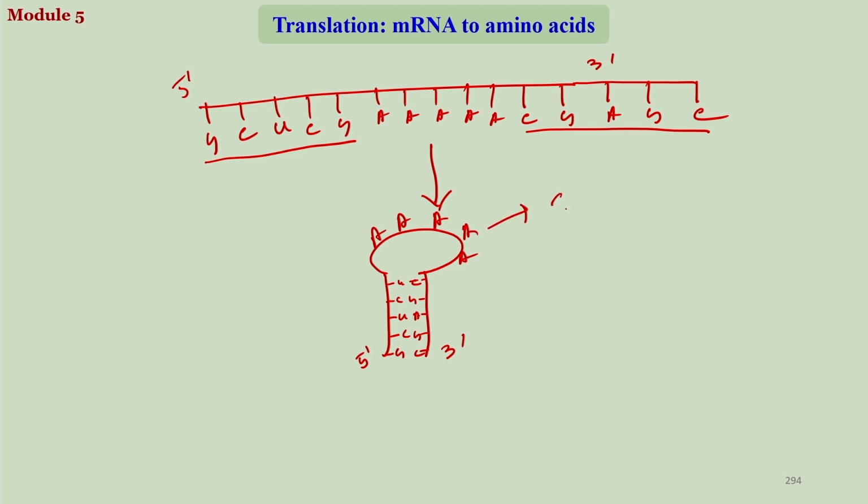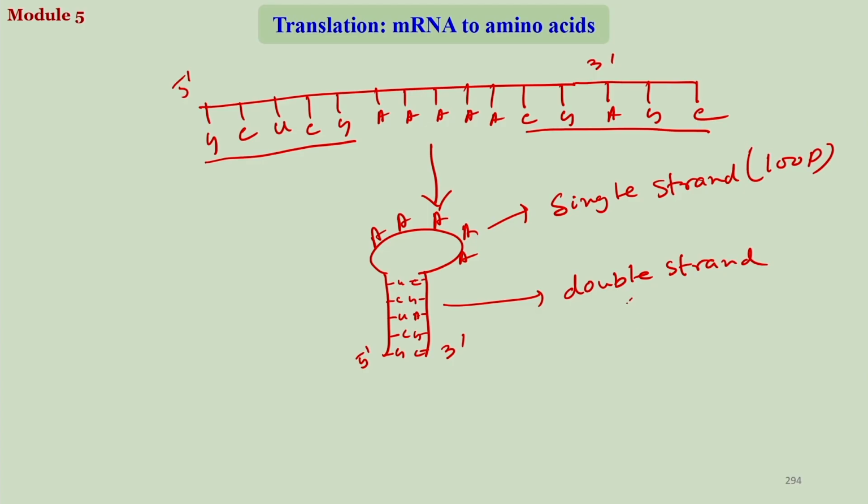So, this has a single stranded region, and this one is double strand region. This is known as loop, this is known as stem or arm. So, a single molecule can assume this kind of geometry or conformation. This is because of the strong self hybridization.